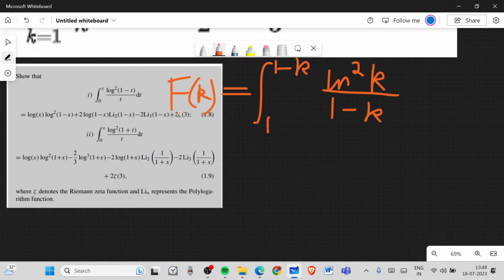And what we need for the answer is f of x. But what is the problem? Basically f of x here only is x, so in the answer we have to transform 1 minus k as t. So we are doing that thing here only.